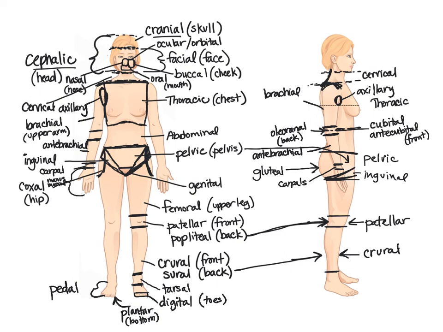But we do want to break the hand into different pieces. So there's two parts that you should be familiar with here. We already mentioned one of them, if you can remember that. Can you remember? It's also related to the feet. So the toes, right, the toes are the digits. So when we break up the hand, we're breaking it into the digits, which are the fingers, which is the digital region.